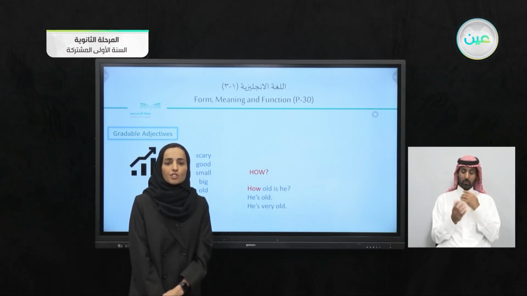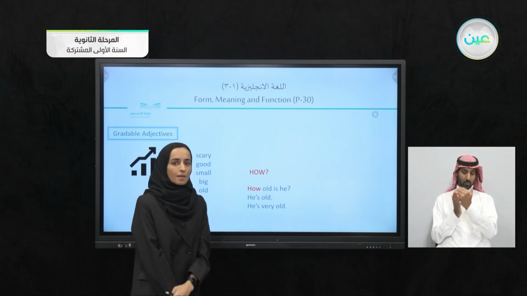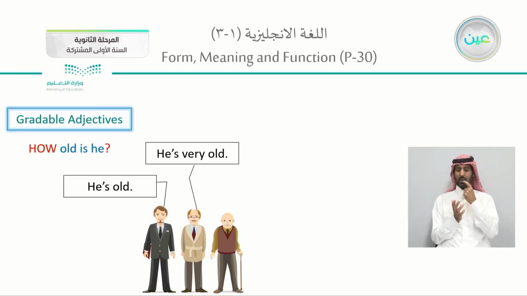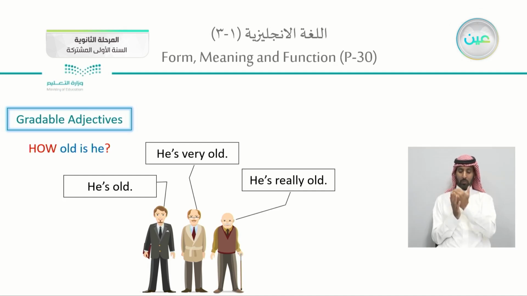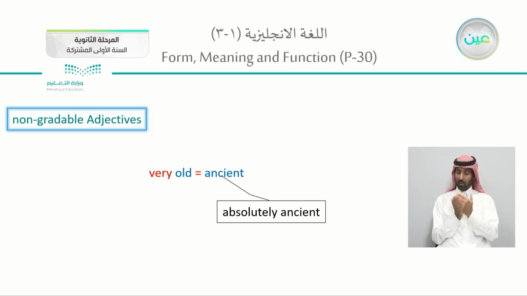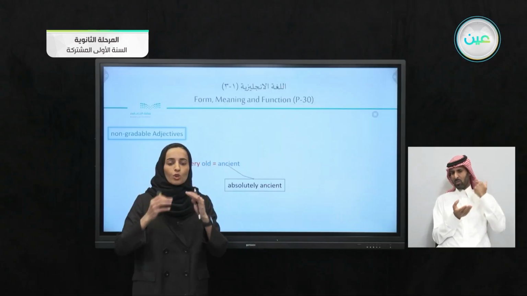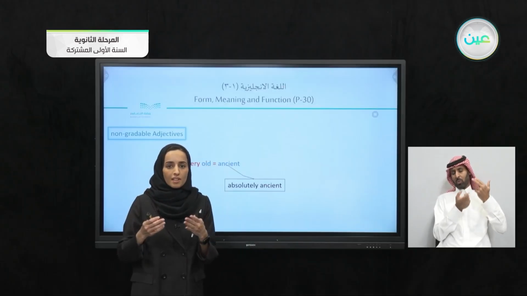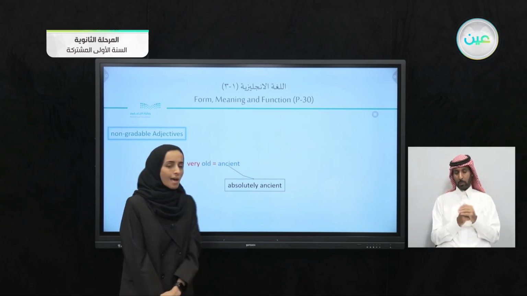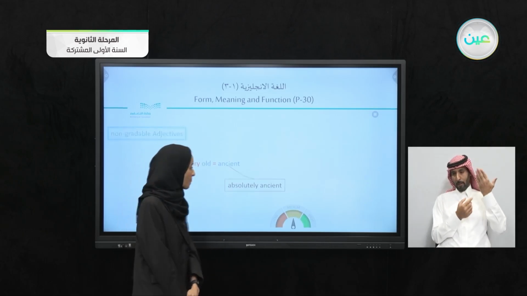It's a gradable adjective. It can come in two levels. How old is he? He's old. He's very old. He is really old. So, gradable. How about the non-gradable adjectives? When I say very old, this is a strong adjective. The non-gradable is ancient, nothing more. And you can intensify them using other intensifiers like absolutely ancient.